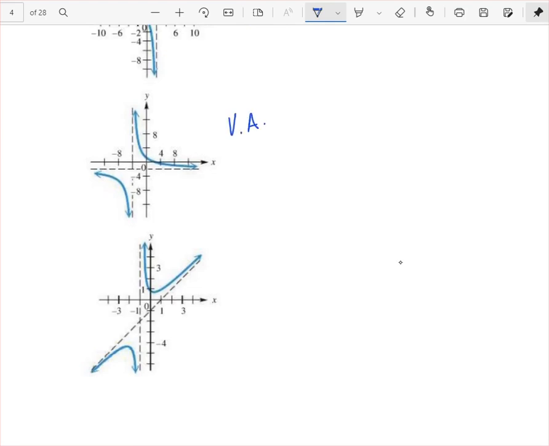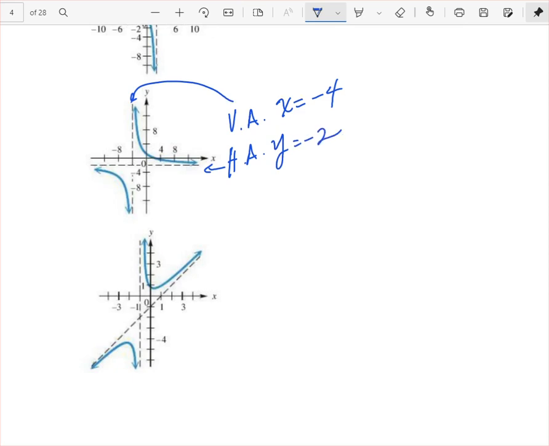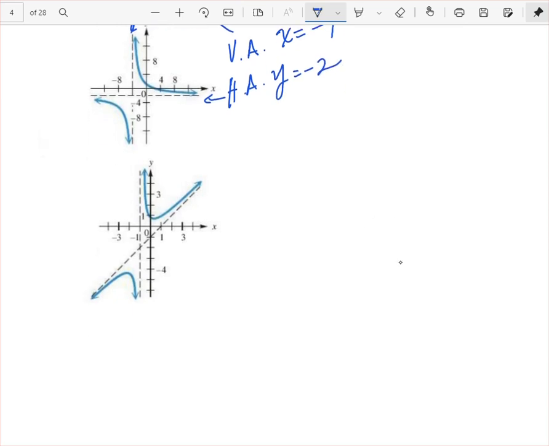Here, the vertical asymptote would be at x equals -4, and the horizontal asymptote would be at y equals -2. This one has a vertical asymptote at x equals -1, and no horizontal. It has an oblique asymptote, called oblique because you can see that it's crooked. That's the oblique one right there.